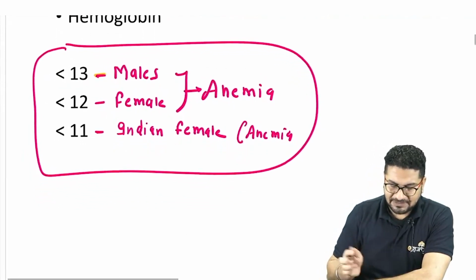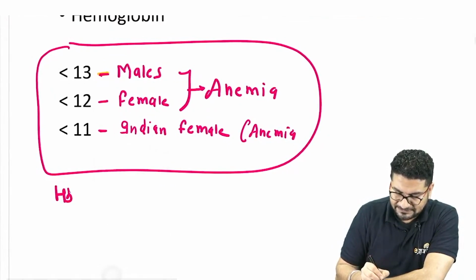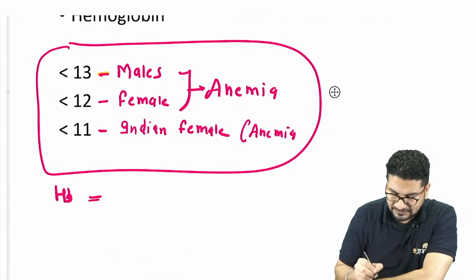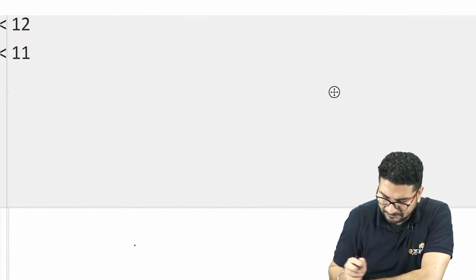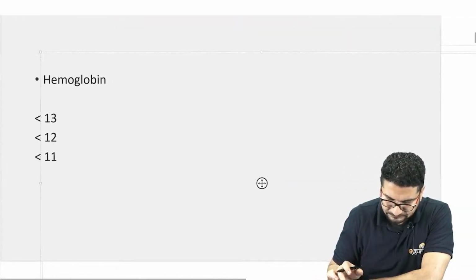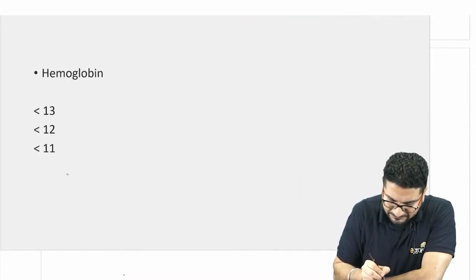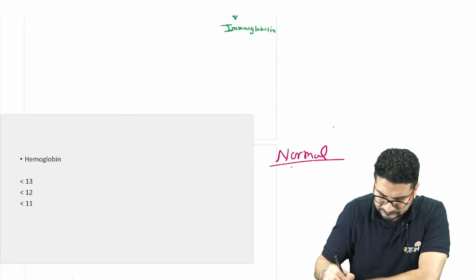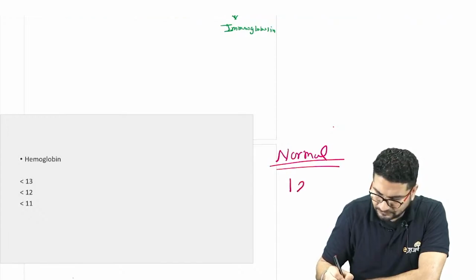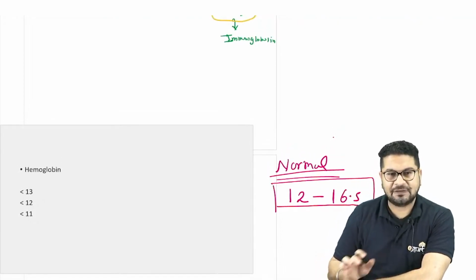So anemia we defined by this thing. This is about hemoglobin. If I say hemoglobin, what is the normal value that you should remember for your exam? Normal hemoglobin will be in the range of 12 to 16.5. But for Indians, they have reduced the range.